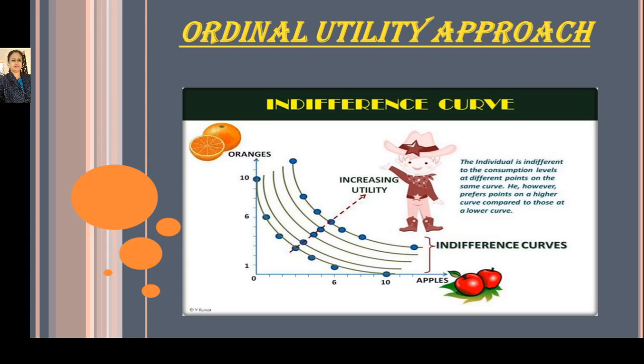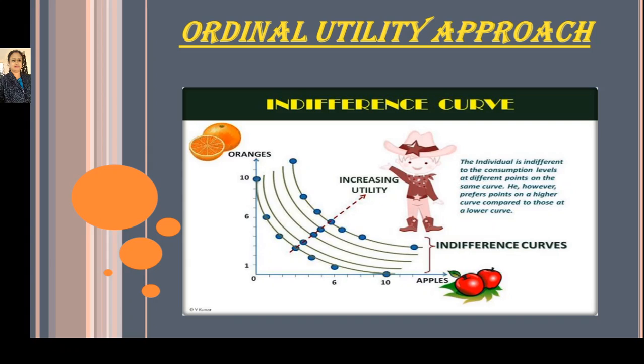But some economists criticize this view and explain that utility and any kind of satisfaction gained from the consumption of a commodity cannot be measured in terms of numbers, because we can express our feeling but can't measure it in terms of numbers.